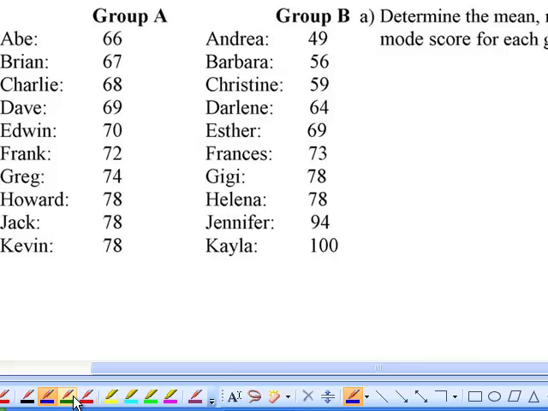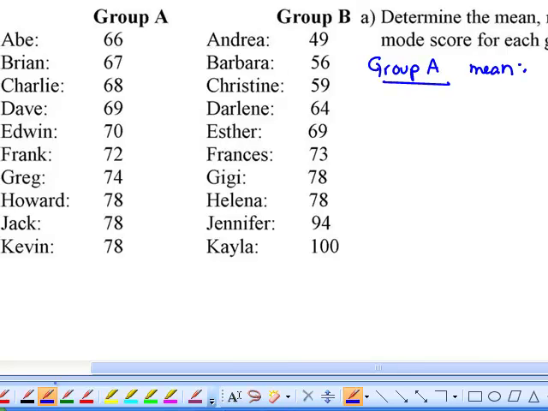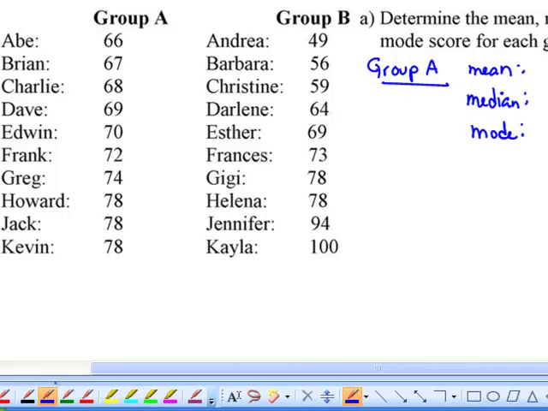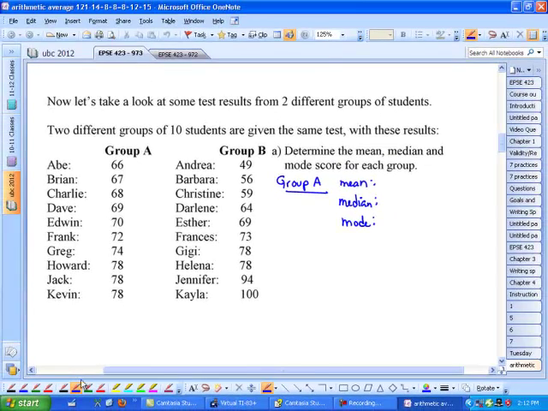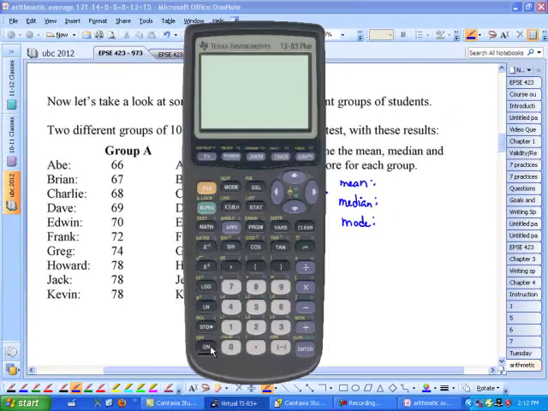For group A, you need to find the mean, the median, and also the mode. For the mean for group A, I'm just going to take all those numbers and add them up. 66, 67. You can do this on your calculator too.